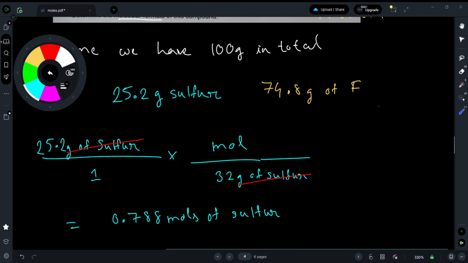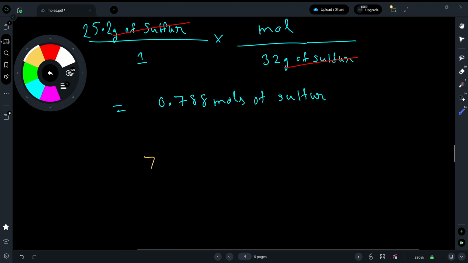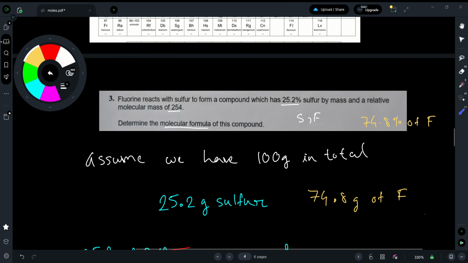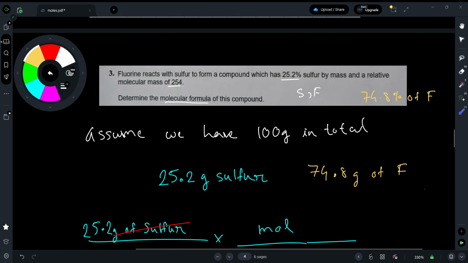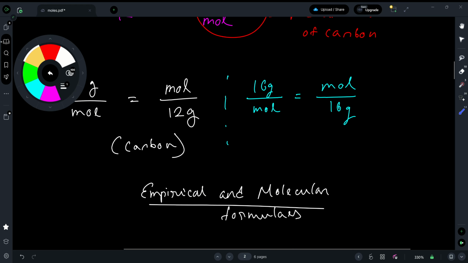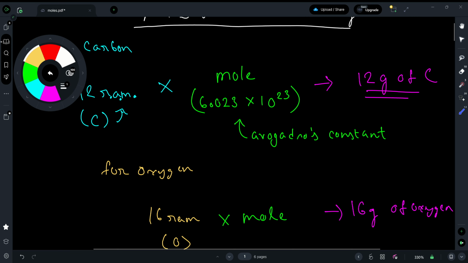Now let's do fluorine. So we had 74.8 grams of fluorine. I just wrote 74.8. And we know its mass number was 19. Since its mass number is 19, when you multiply it by a mole, you get 19 grams of fluorine.